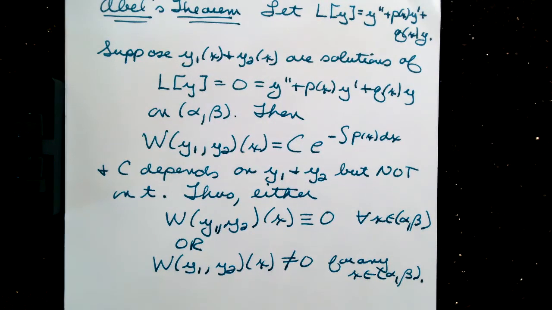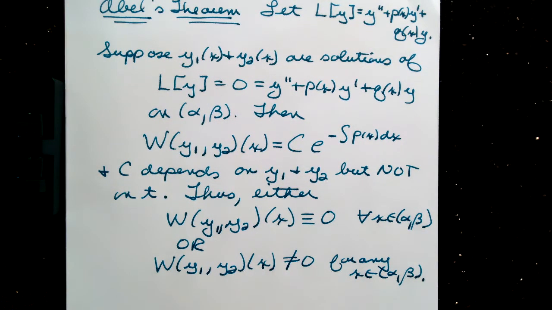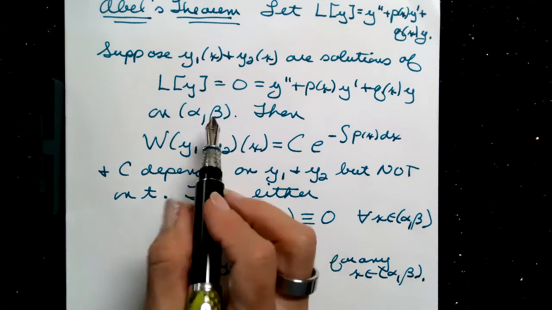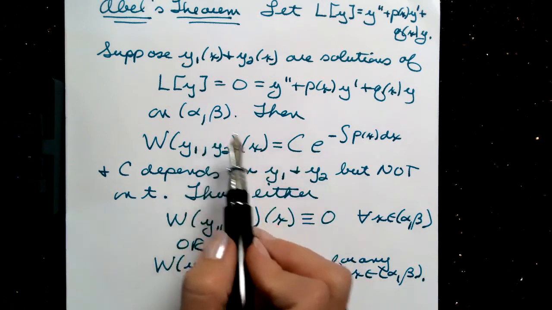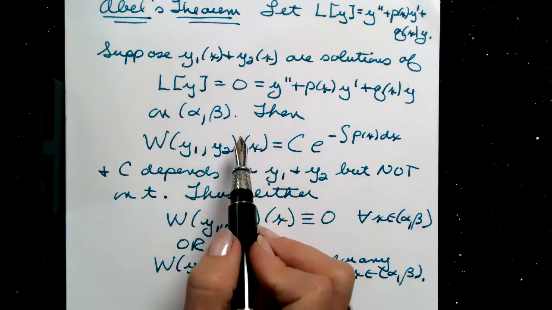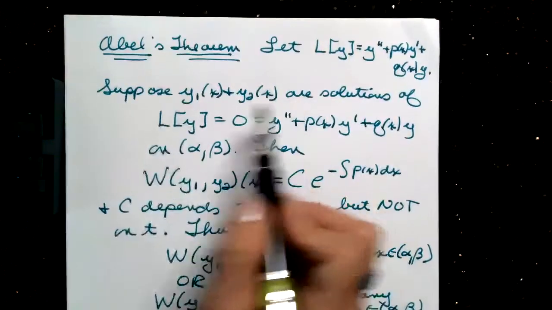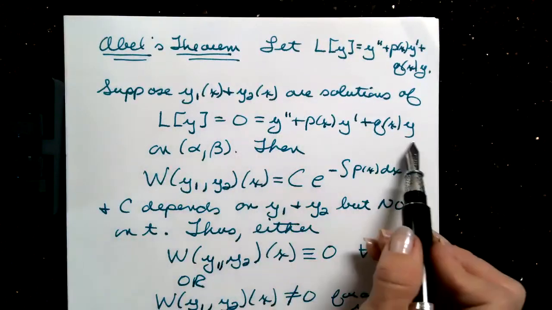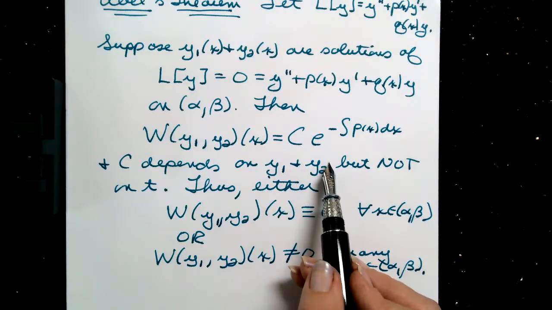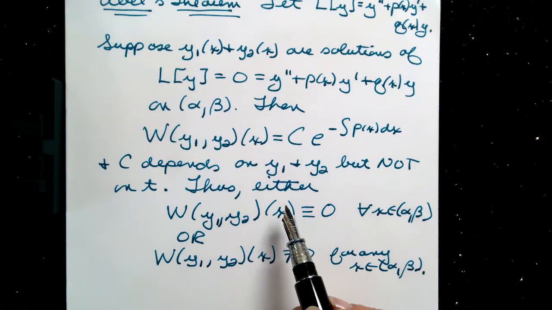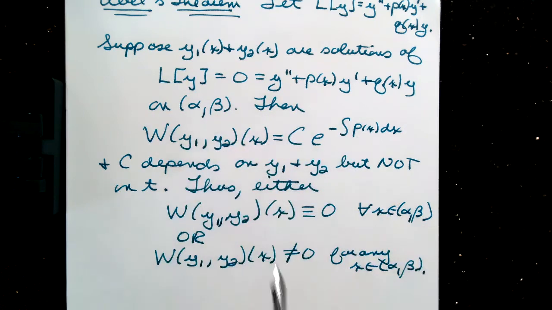Okay, so that tells us that for two solutions y1 and y2 of a differential equation of this form, their Wronskian is either always 0 or never 0 on the interval where the solution exists.